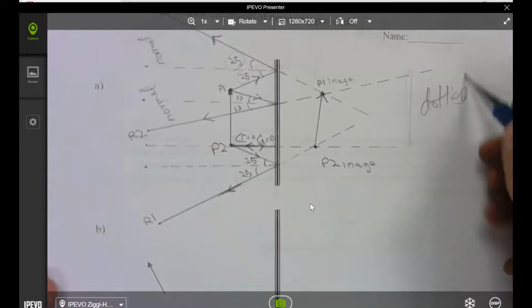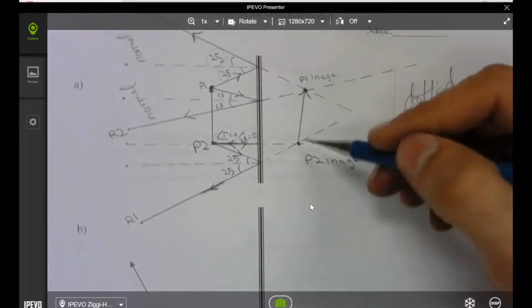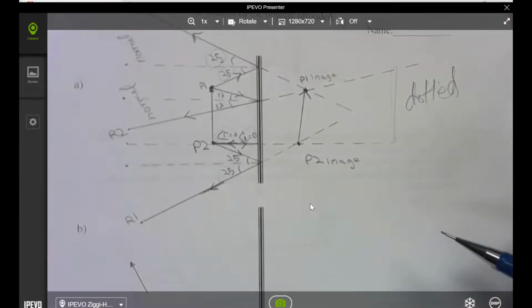If I see a straight line behind the mirror, that's going to be very bad for you. For your grade at least. All right, so this little bit of deviation is fine.